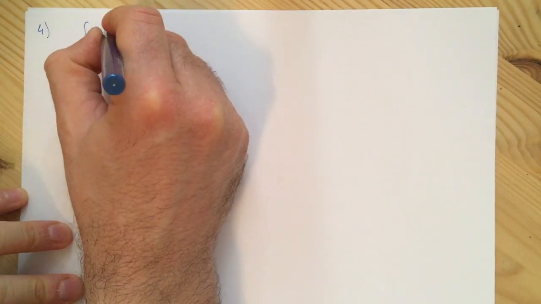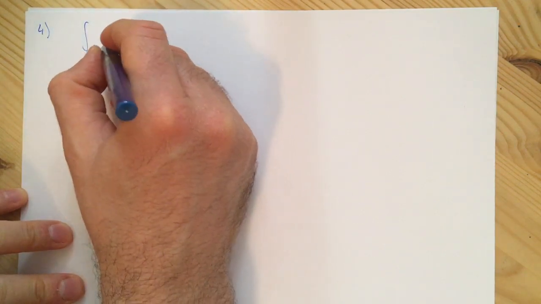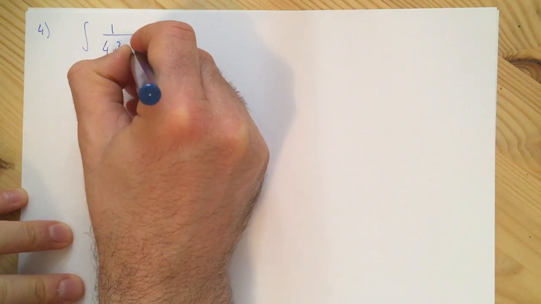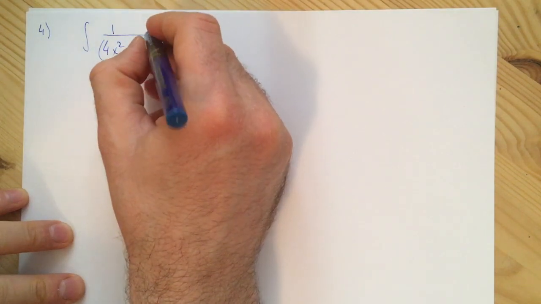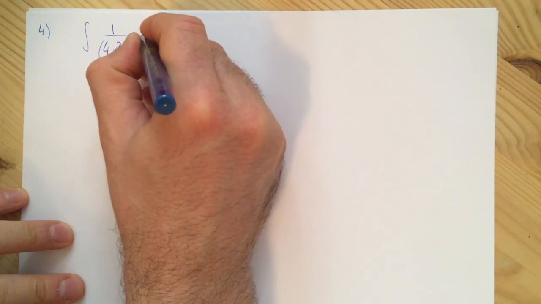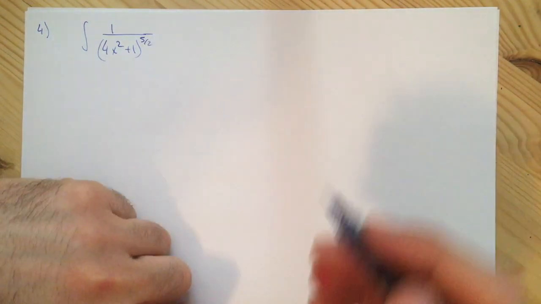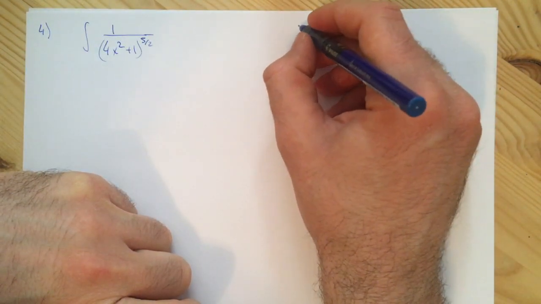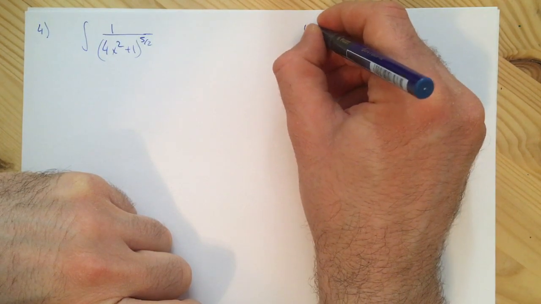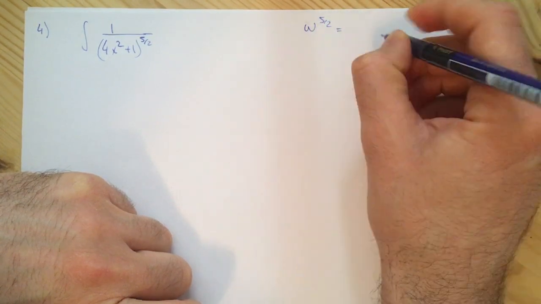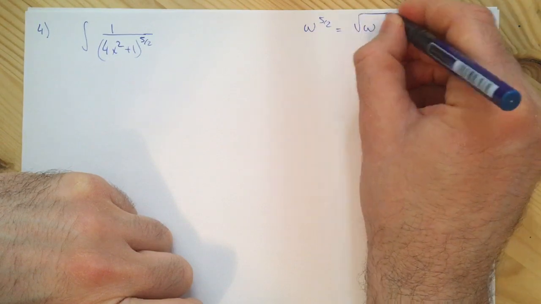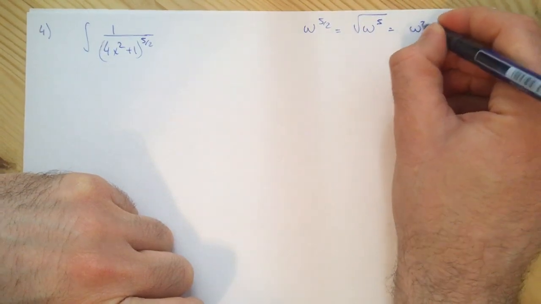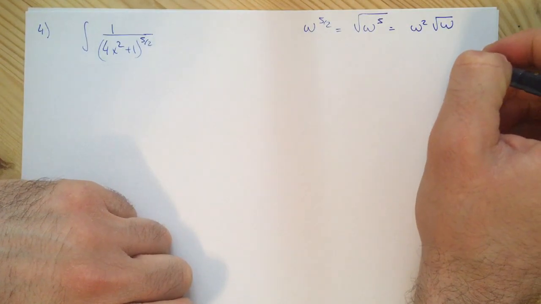Next is problem 4. So this is the integral of 1 over 4x squared plus 1 to the power of 5 over 2. Okay, so if you have, let's say, some w to the power of 5 over 2, this is the square root of w to the power of 5, which is w squared times the square root of w, right?